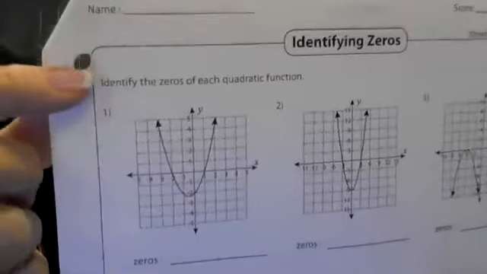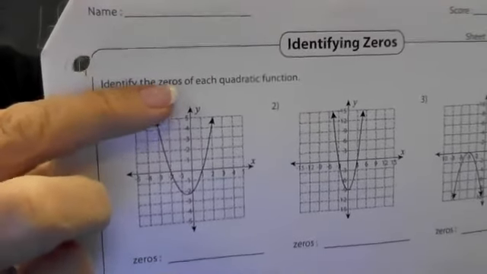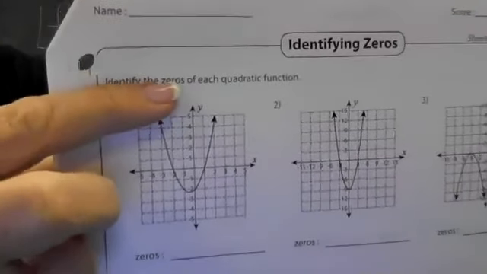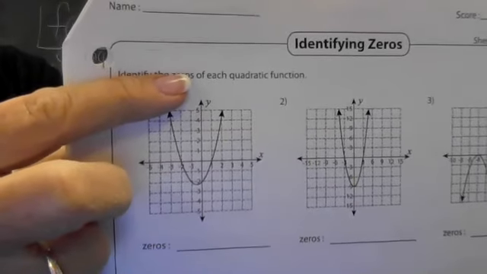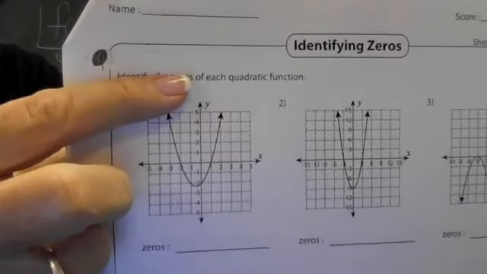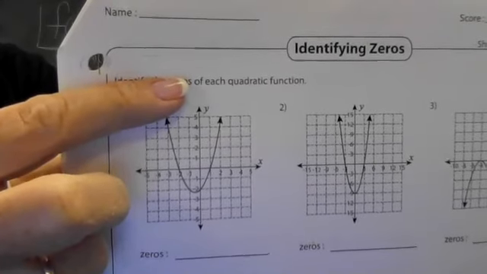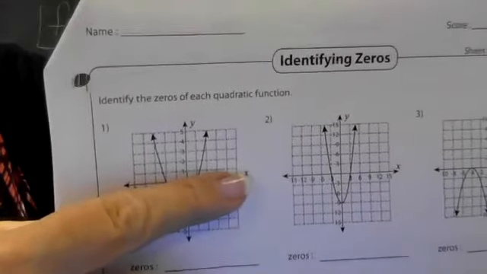And then the last page, believe it or not, this is the easiest page. Look what it says. Identify the zeros. What are the zeros? Sandra, like the points on the graphs. On the x-axis. Oh. The zeros are on the x-axis.